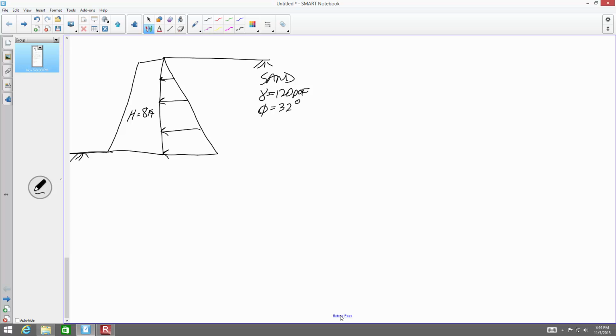So this is little p equals K sub A gamma H, right? The gamma H is the vertical stress at the bottom, multiplied by the K sub A gives you the horizontal stress. So for this particular example, what's K sub A? We don't know what that is yet. So what's K sub A?